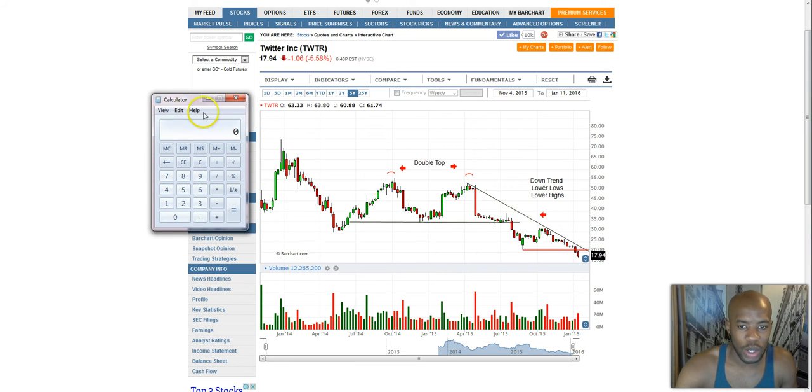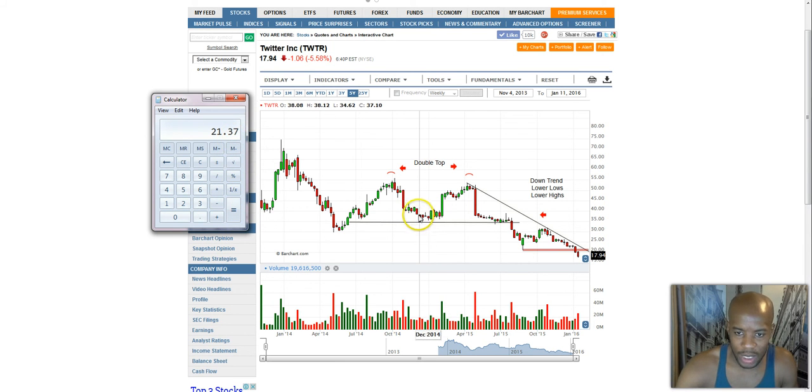And so now we're going to go from the highest high, which is 55.99, minus the lowest low, which is 34.62, equals $21.37.